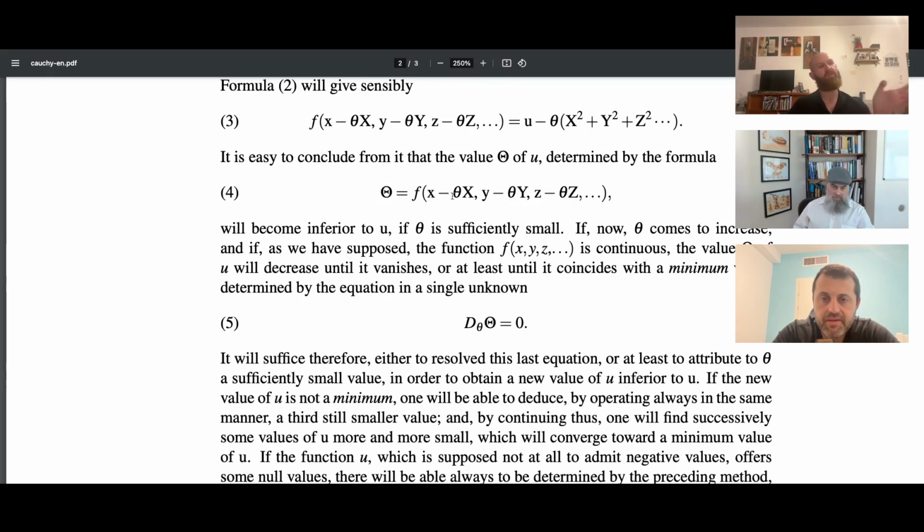So it's x minus theta capital X, y minus theta capital Y, and z minus theta capital Z. So just doing again the small steps around it. And because this capital theta is always smaller than u, that means that each step decreases the function's value, because you are always subtracting a positive value.